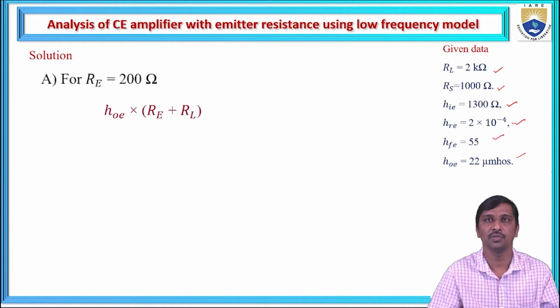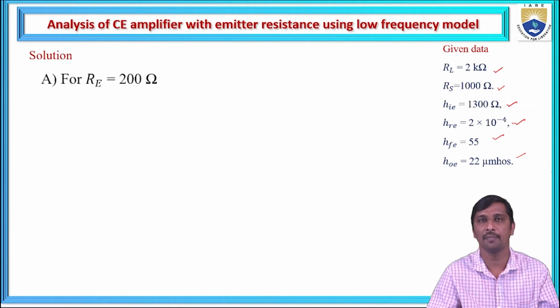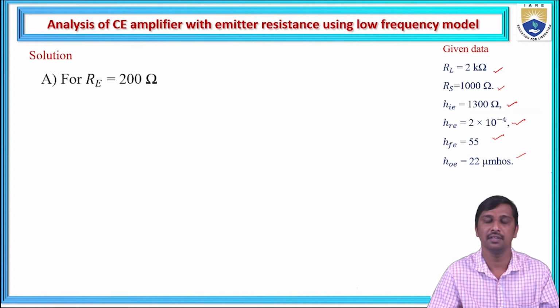To identify which model we need to choose, exact or approximate, we know the condition is that hoe times RL must be less than 0.1. Then we go for the approximate model. Otherwise, we need to choose exact model analysis.